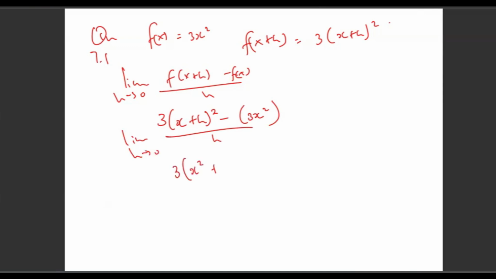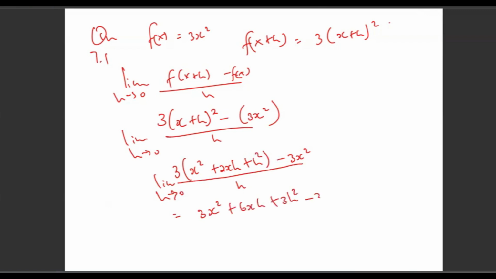So that's going to be x squared plus 2xh plus h squared minus 3x squared. We're dividing everything by h. The limit as h tends to 0. That's going to be 3x squared plus 6xh plus 3h squared minus 3x squared. Everything is over h. And this is the limit as h tends to 0.